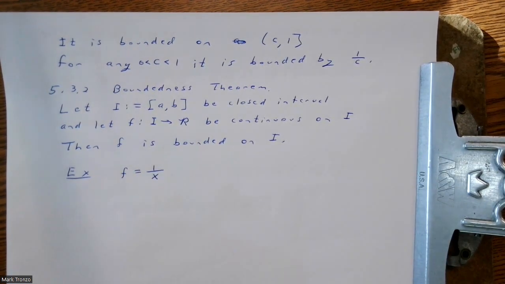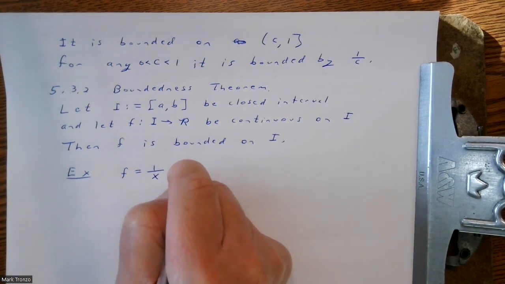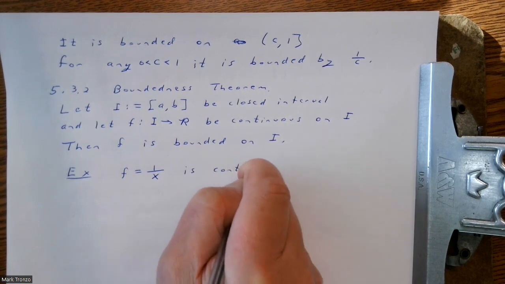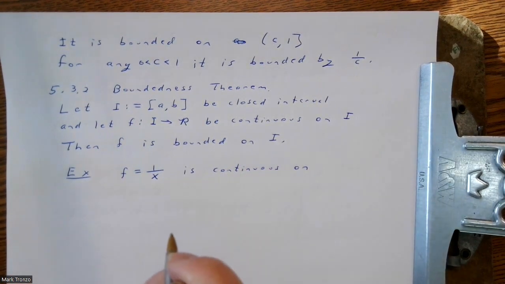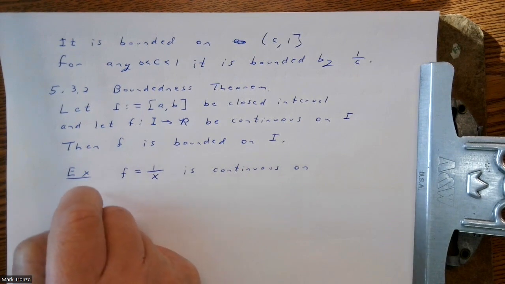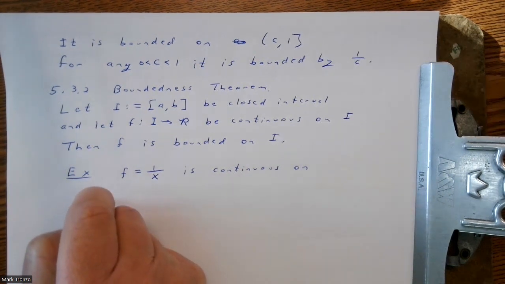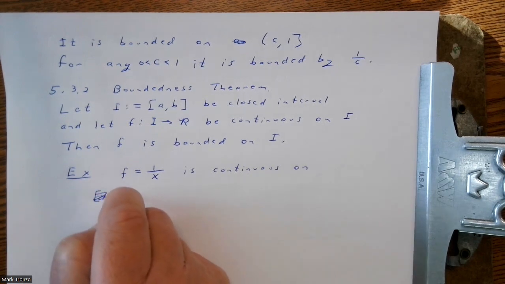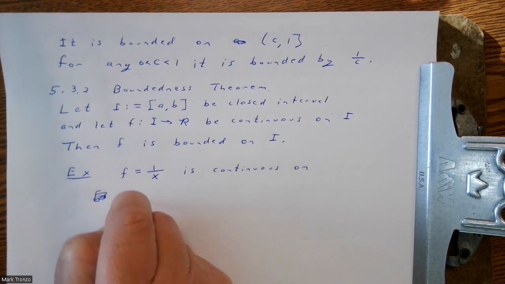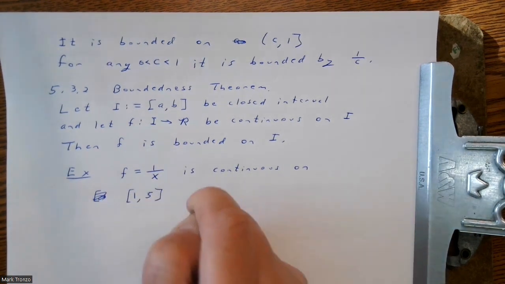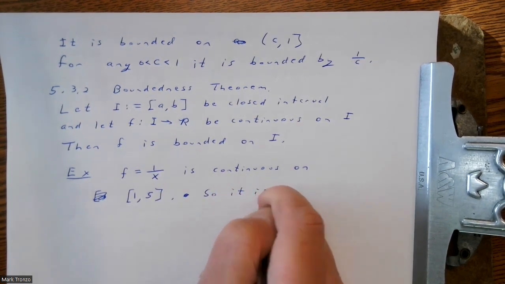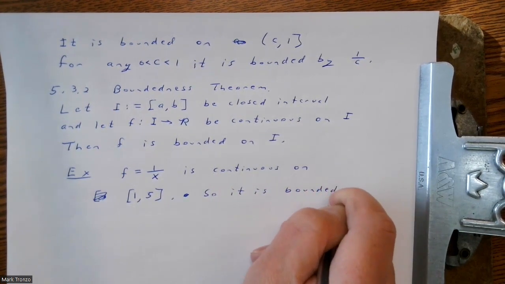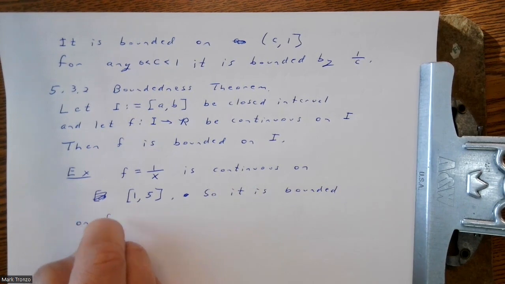Once again, this is continuous on, let's say, 1 to 5, and so it is bounded on 1 to 5.